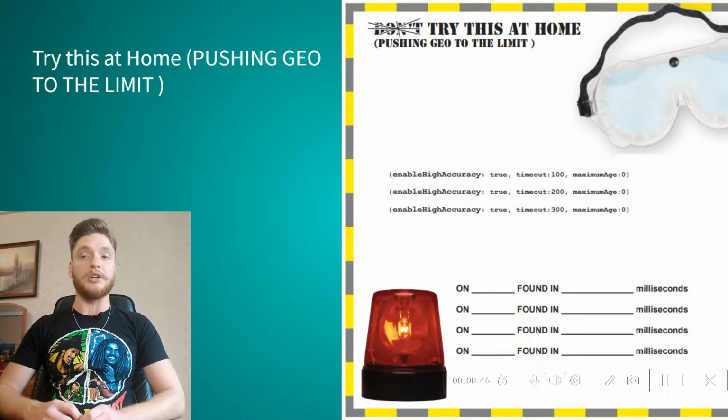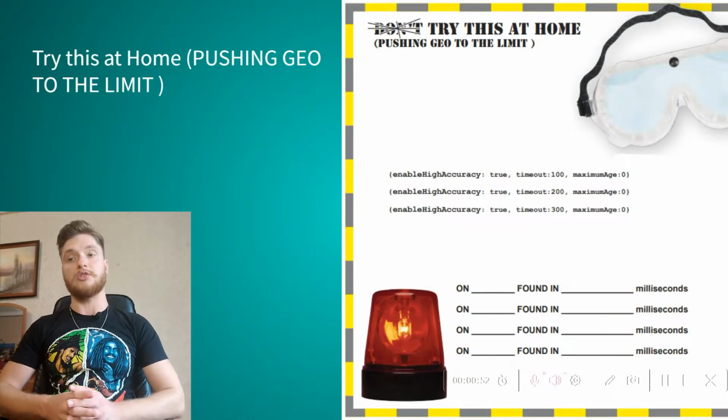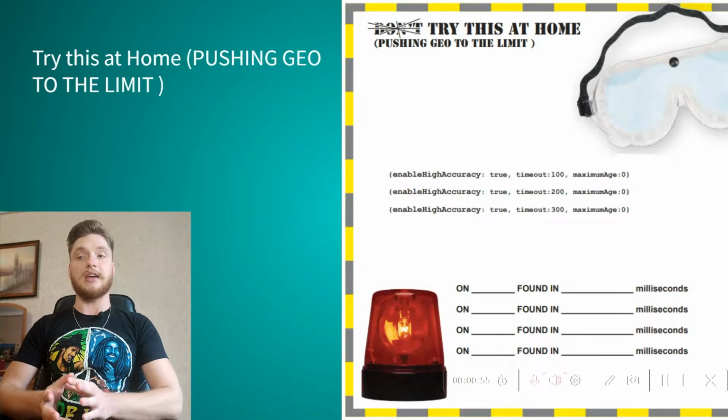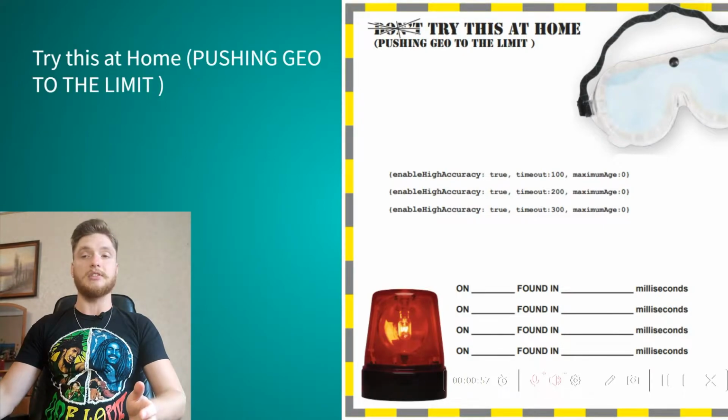Let's not allow it to use a cache by setting maximum age to 0. Let's time it by setting the timeout option to 100 and then increase the timeout every time it fails. Warning, we don't know if all devices and their batteries are up to this, so use at your own risk.